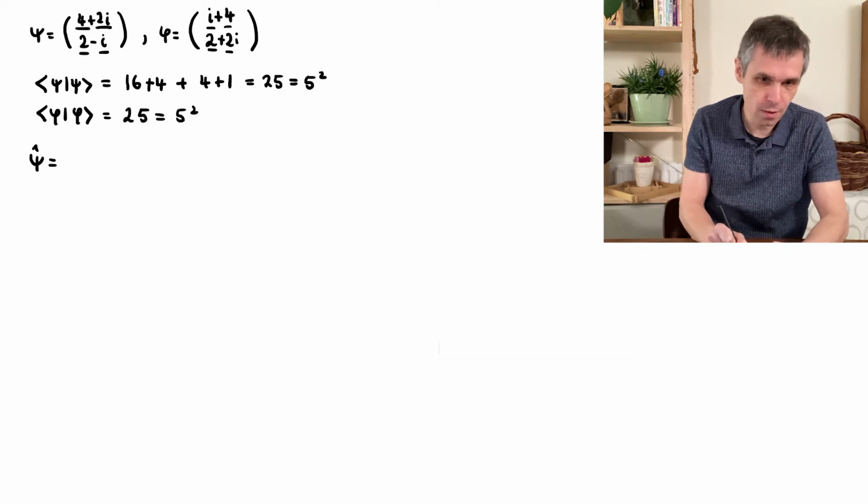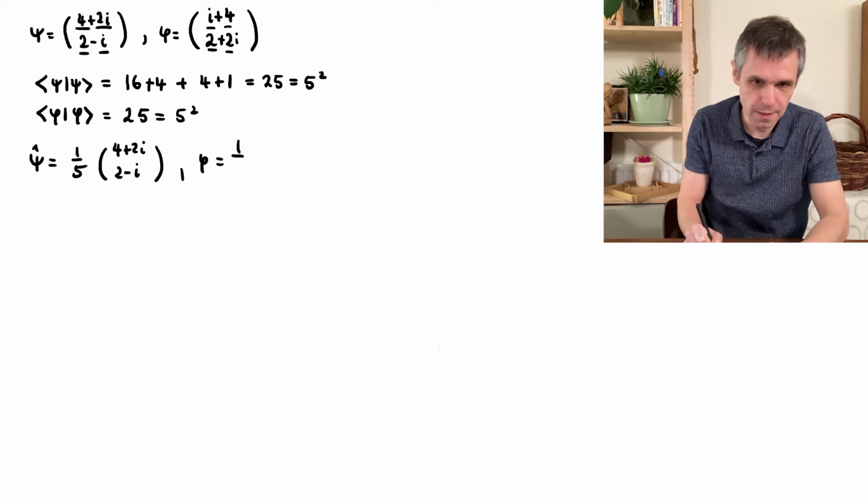But the easiest one is to just divide by 5. And we do this in both cases. So we get these two normalized vectors.